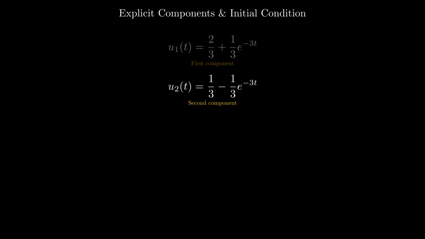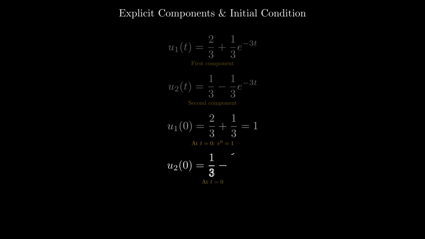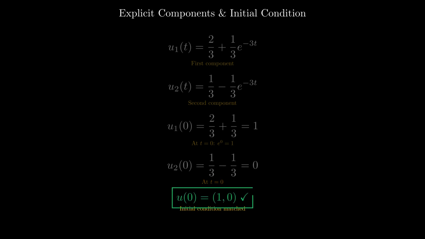Let's verify the initial condition at t equals 0. Since e to the 0 is 1, u1 of 0 is 2/3 plus 1/3, which equals 1, and u2 of 0 is 1/3 minus 1/3, which equals 0. So the initial condition 1, 0 is matched perfectly.